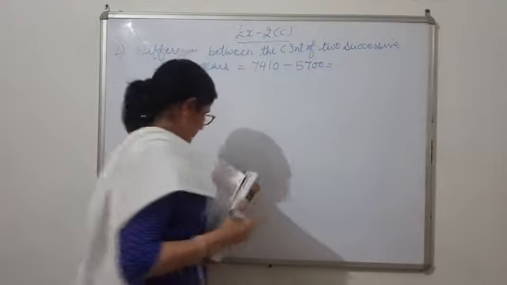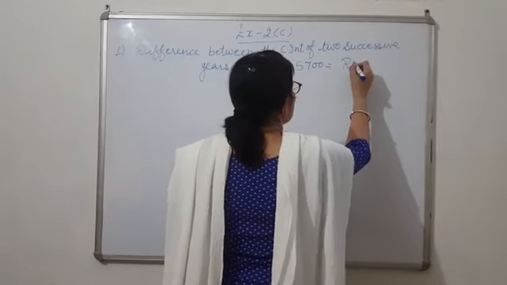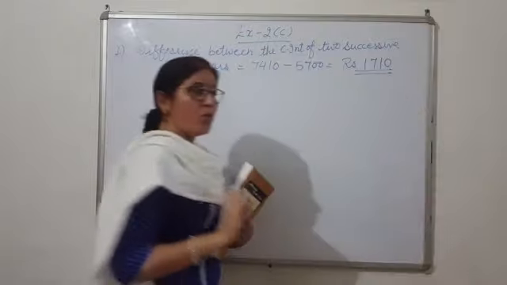When we subtract these, what we will get? We will get rupees 1,710. So this is the interest for 1 year.